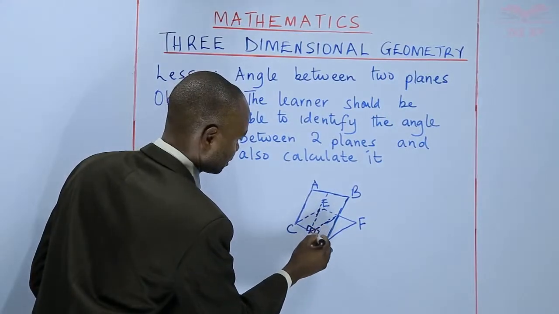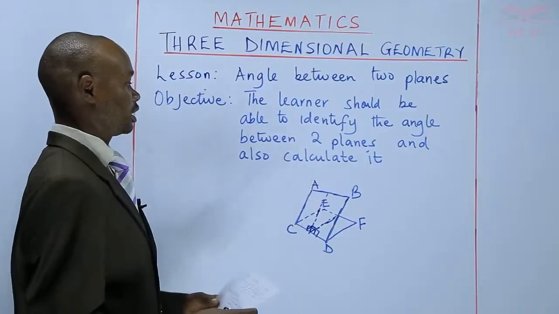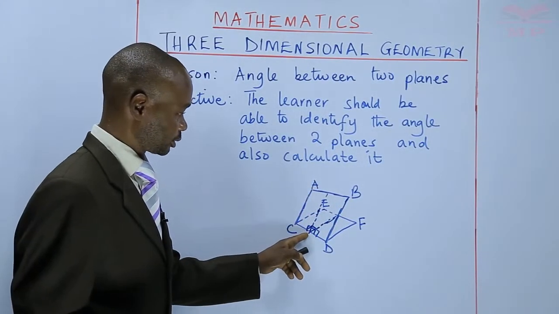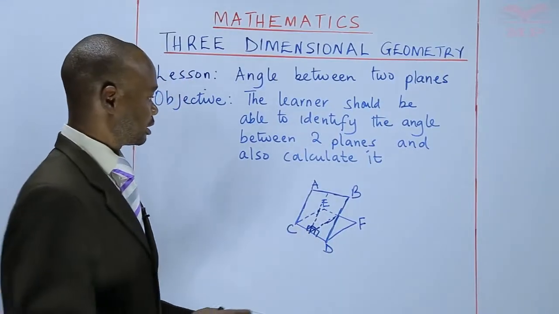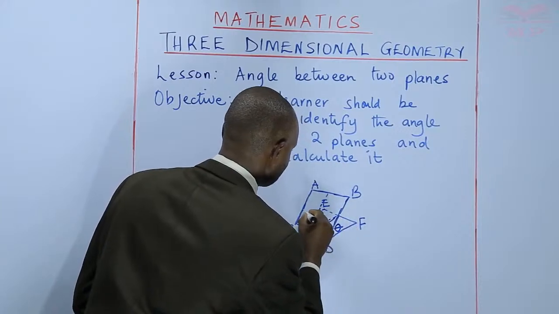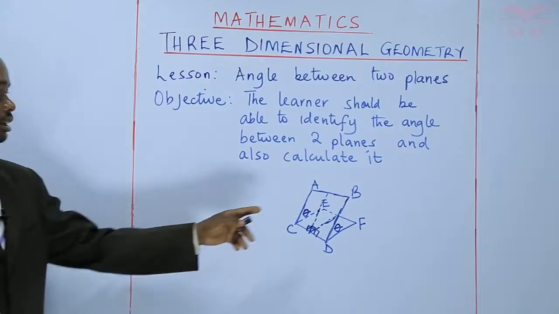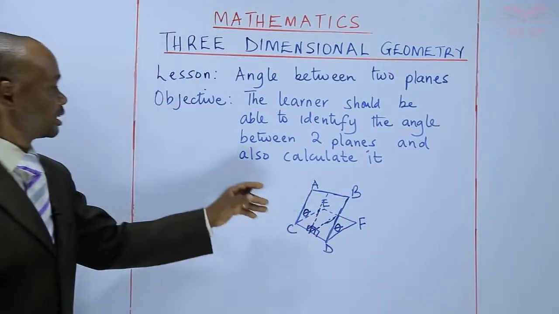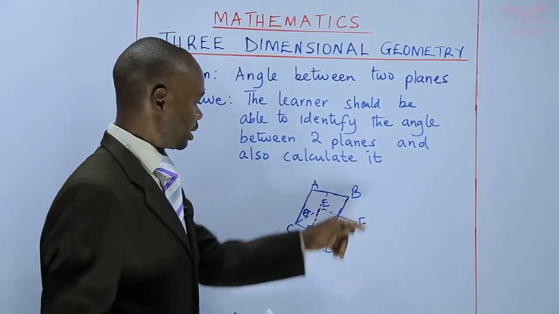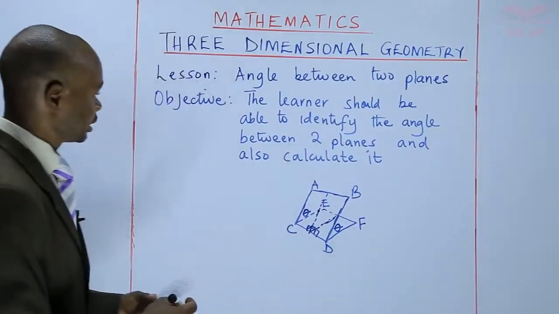The line taken on the plane should be perpendicular to the edge of that plane. So if you look at our diagram, the angle between plane ABCD and CDEF is theta.